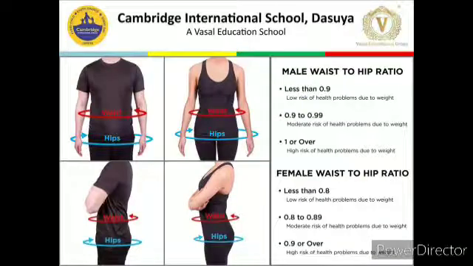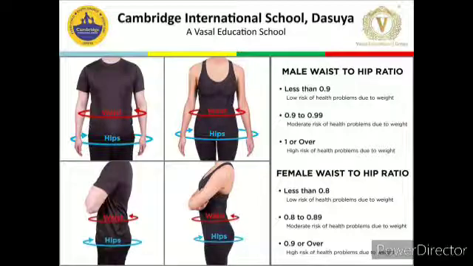Now next, for a male, waist hip ratio less than 0.9: low risk of health problem due to weight. I mean, after the calculation of waist hip ratio, if your points are below 0.9, then you have low risk of problems due to your weight. Your weight is appropriate. If you are 0.9 to 0.99, it is moderate risk of health problem due to weight, so you are having some problem.